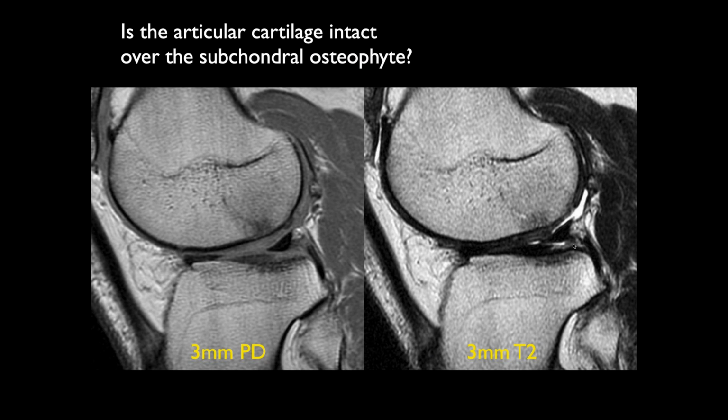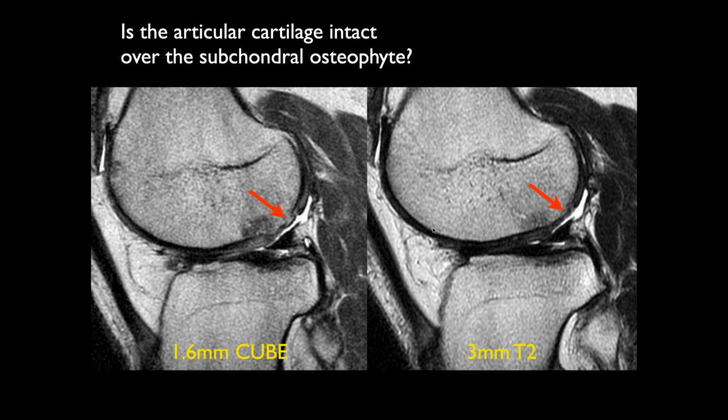Is there a kissing lesion? Yes, there is. And on the thinner cuts, we can see that the fluid goes all the way down to the subchondral bone. So this is a great point. I think that's an important thing to mention in a report. Good. Yep. I agree.